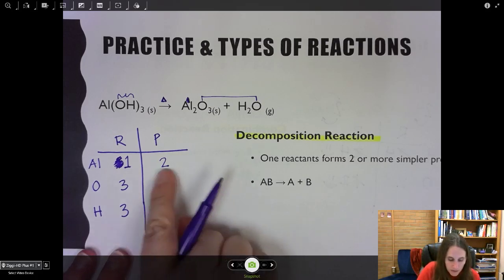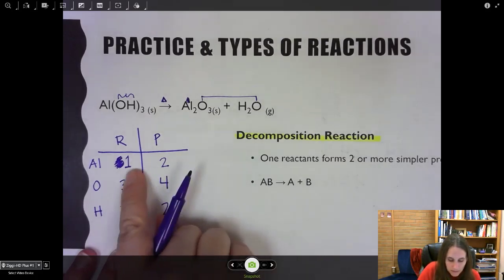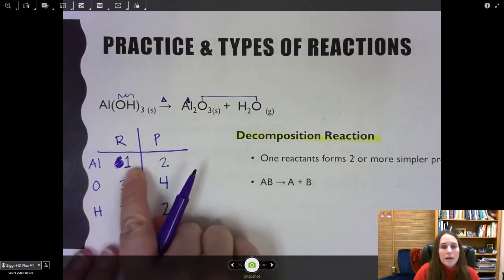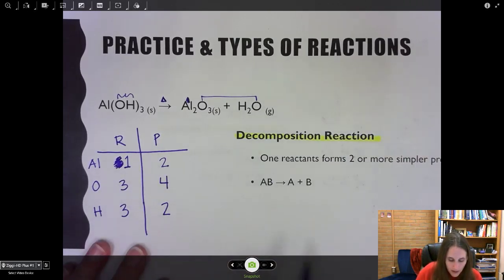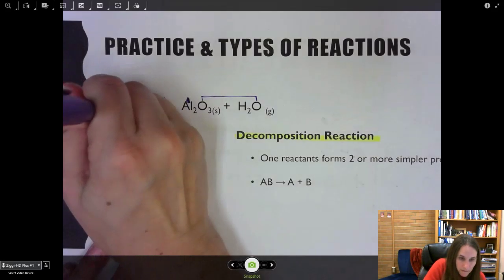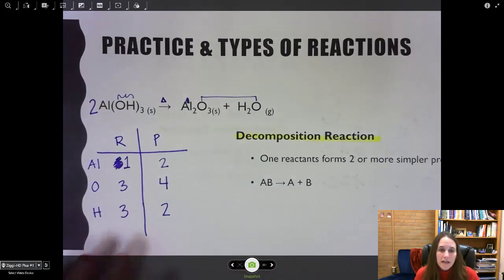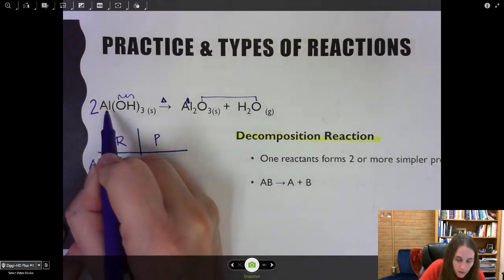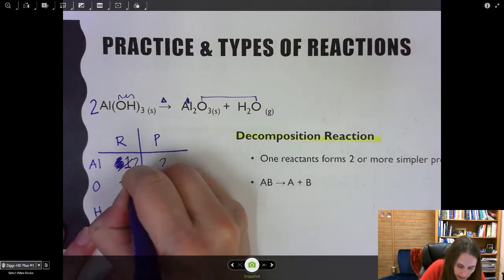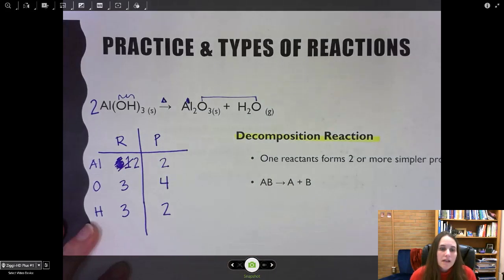So I'm going to start with aluminum, plus aluminum kind of presents an easy way to get to 2. I have an imbalance in my reactants and products. So I'm going to put a 2 over here in front of my aluminum hydroxide substance. That 2 multiplies over then to my aluminum, and I now have 2 aluminum atoms on my reactant side.